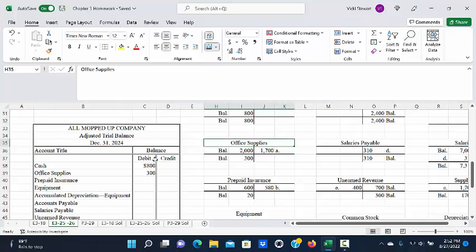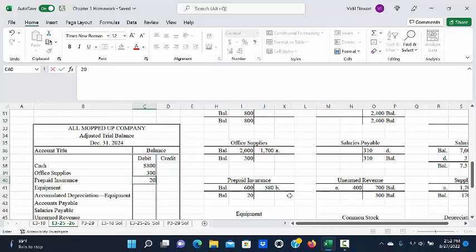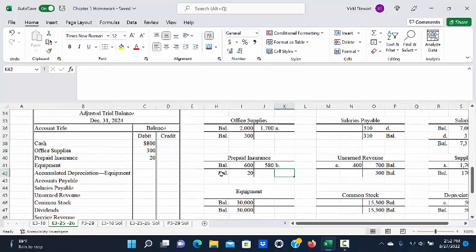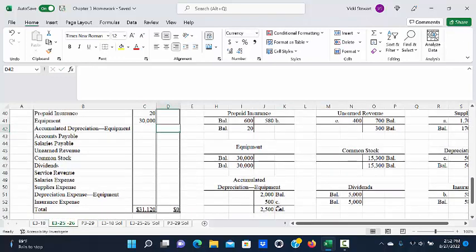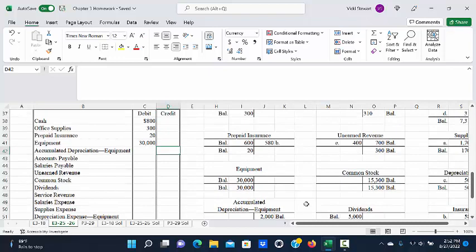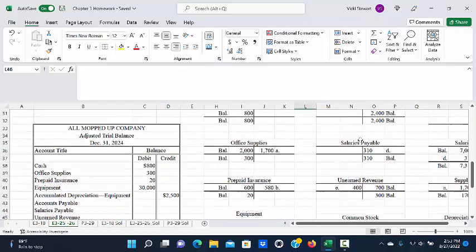Cash is $800, office supplies is $300, prepaid insurance is now $20, and notice we're watching our debits and credits. Our equipment account is a $30,000 debit, and be careful when you get to accumulated depreciation, that's going to be a credit balance. Those are all of our assets, so now we're going to record our liabilities.